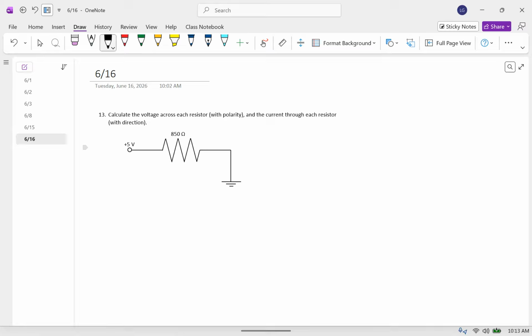So it's equivalent to if we had a battery connected to a resistor, and this battery was 5 volts, and our positive was here and our negative was here.